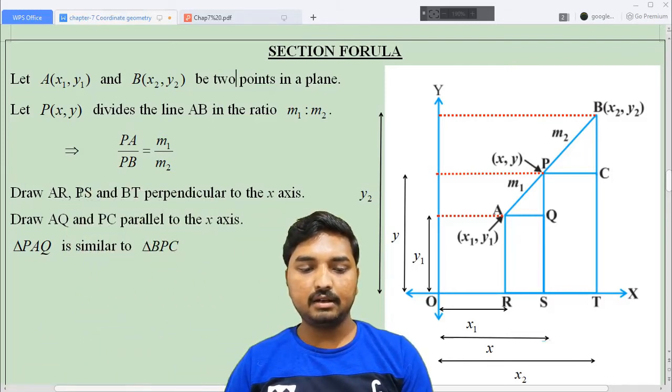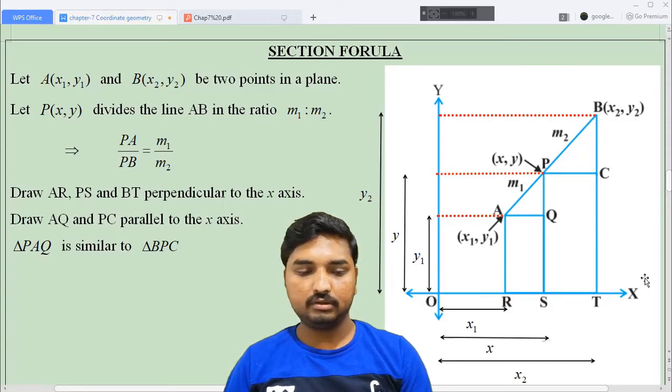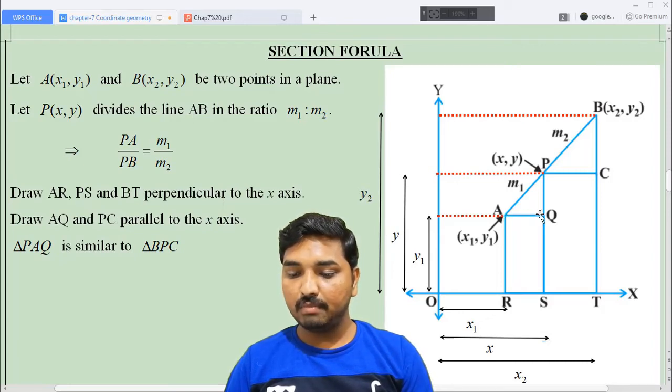Look here, AR, PS, BT perpendicular to the x-axis. And then AQ and PC parallel, not perpendicular, parallel to the x-axis.